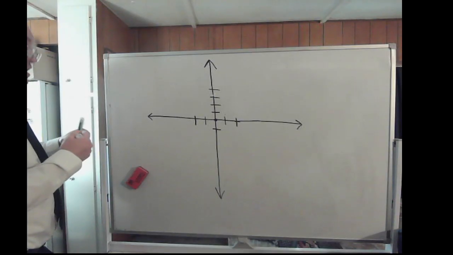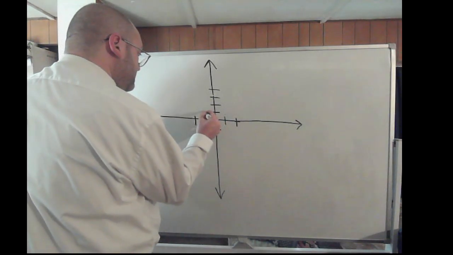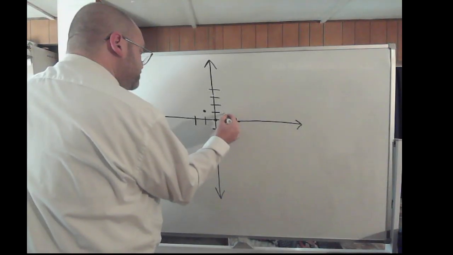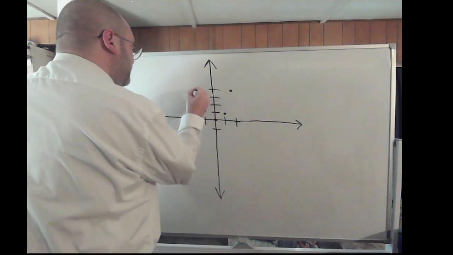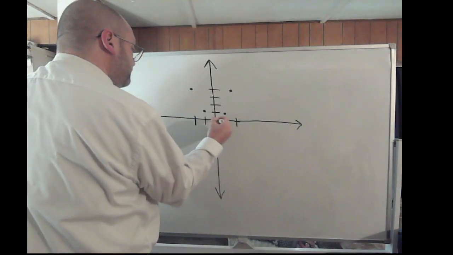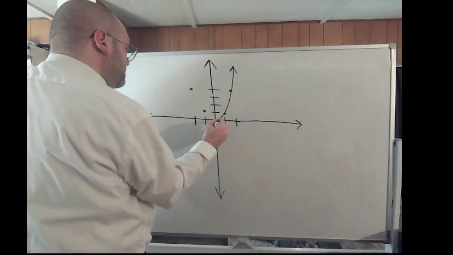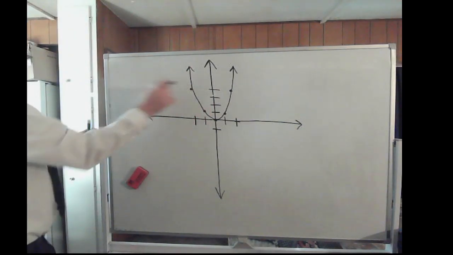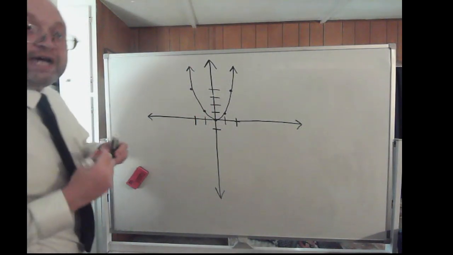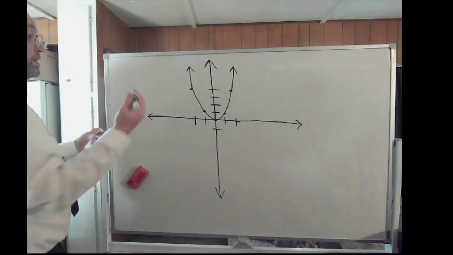All right, what about something like this? I'm just trying to draw sufficient points so I can draw a good graph here. If you're wondering what this is called, a parabola, which you're going to learn more about in Algebra 1.